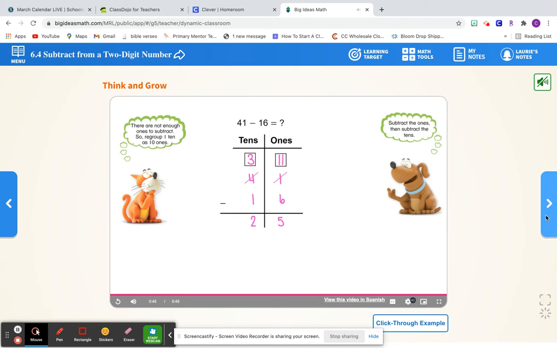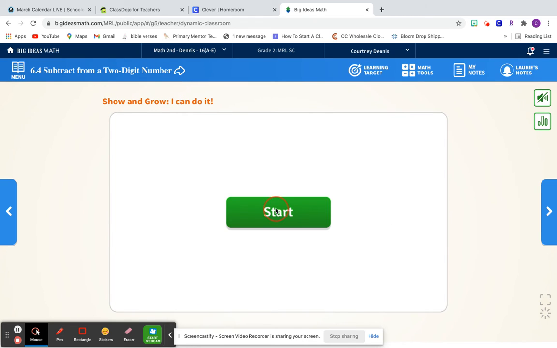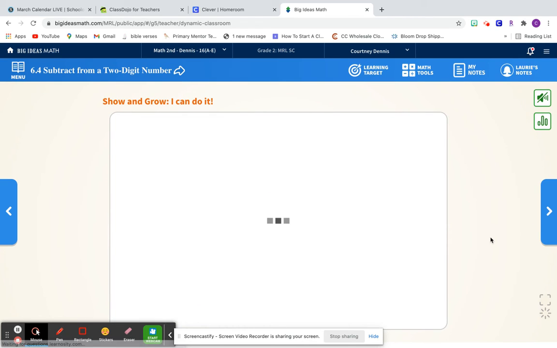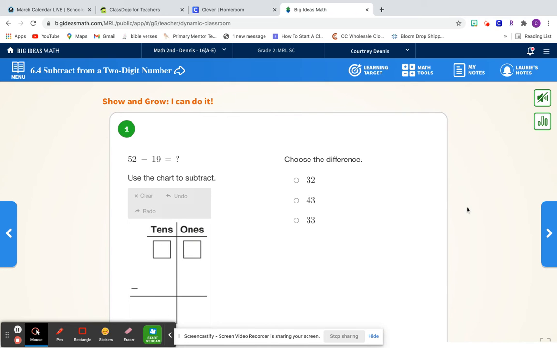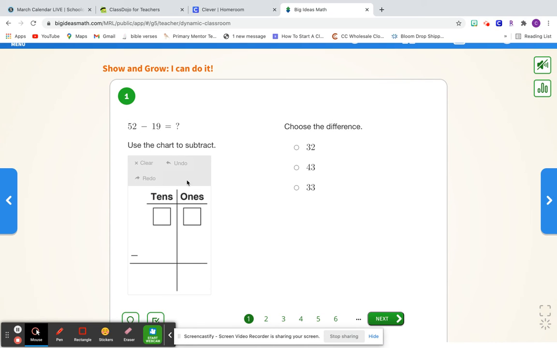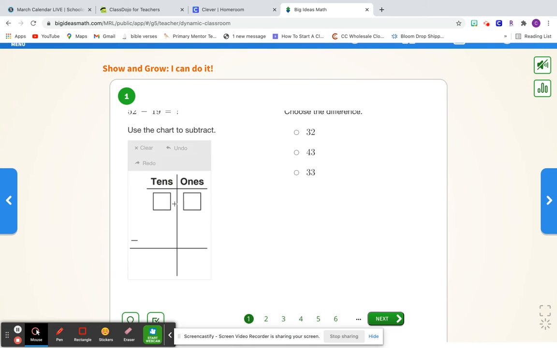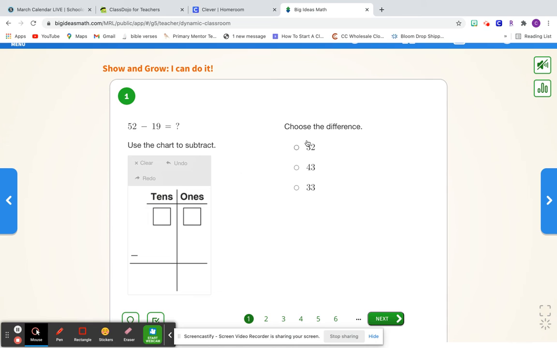All right, we're going to look at a couple examples before you guys start your practice for today. So remember, over on the chart, you draw out your problem, and then you have to choose your answer over here. So we're going to write 52 and 19. 2 minus 9, there's not enough ones, so we have to come over here.